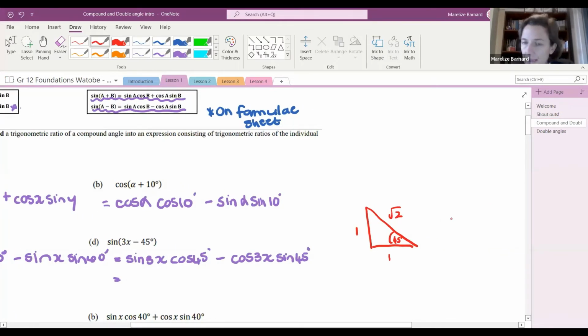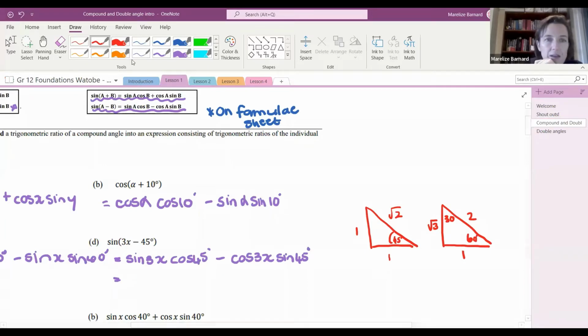Remember, no calculator when it comes to special angles. And then we also have 60 and 30. Across from the 60 is root 3, 2, and 1.